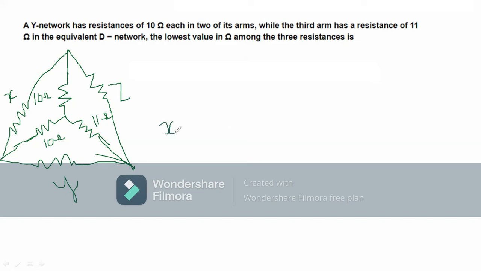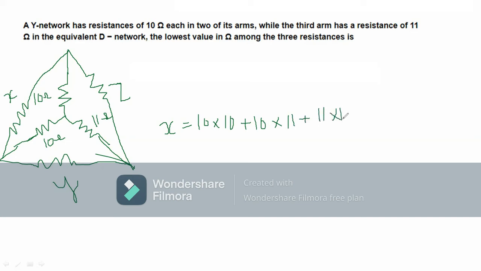So apply the star delta conversion or star delta transformation. Let me calculate the value of X. So how to calculate? 10 into 10, then 10 into 11, then 11 into 10, divided by 11. So recall the formula, as I already told you. At any point you have to recall it, which is very important for GATE examination or IES level examination. Okay, you can expect twisted level questions as well.